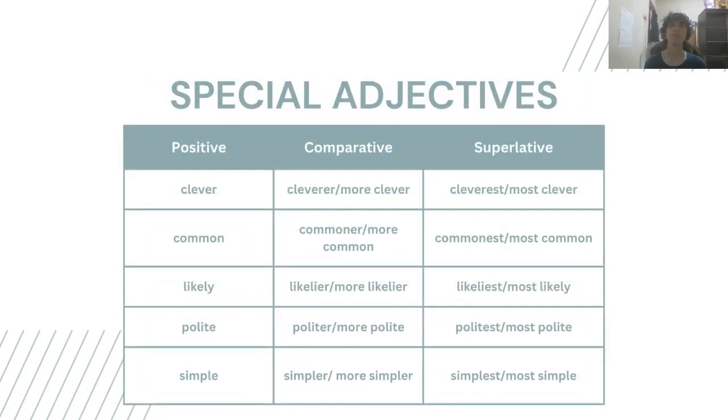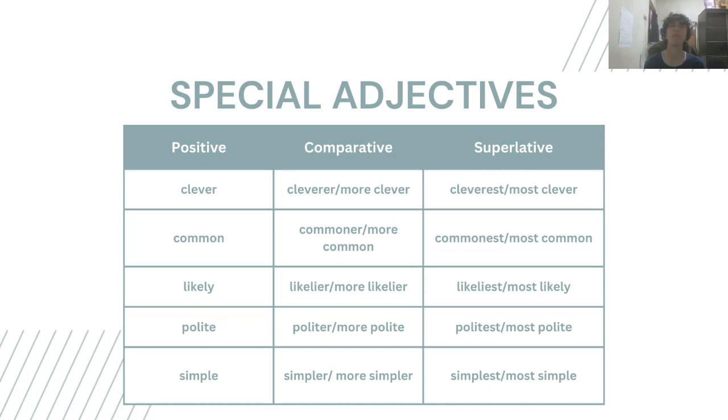There are also special adjectives. Special adjectives are similar to the ones that end with R and ST, but they can also be used with more or most before the adjectives.